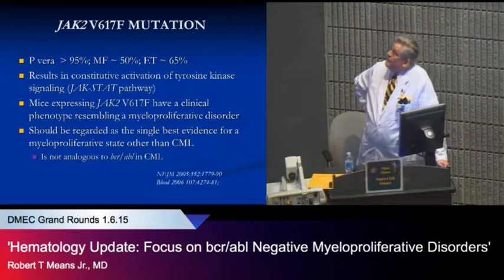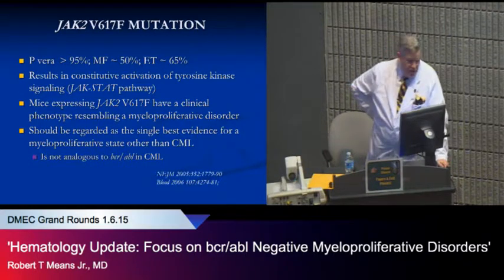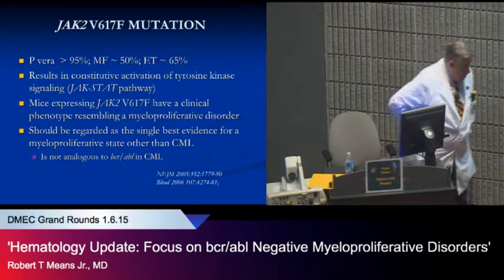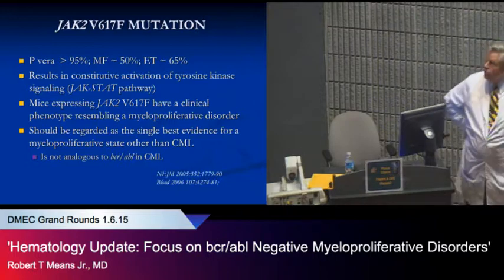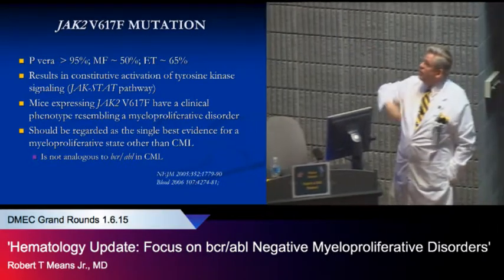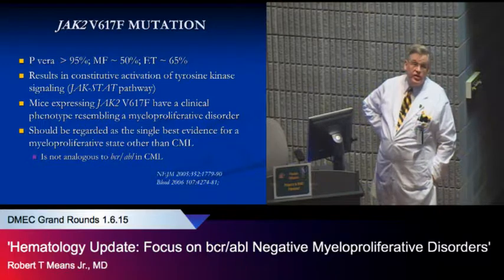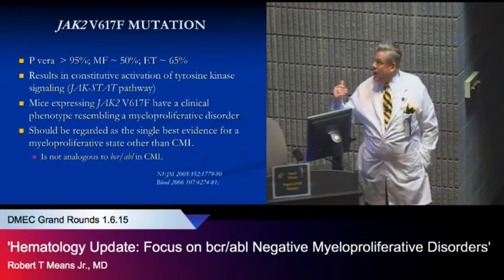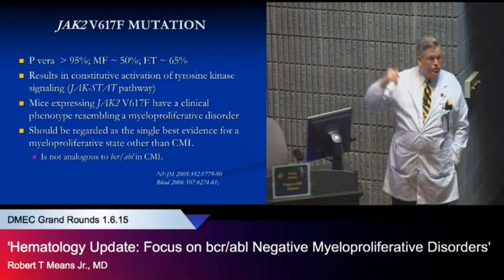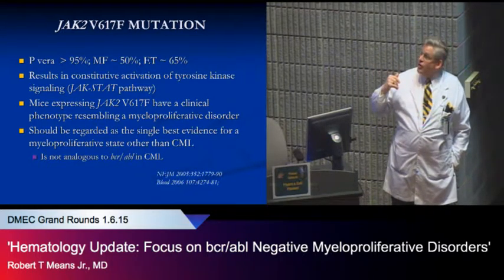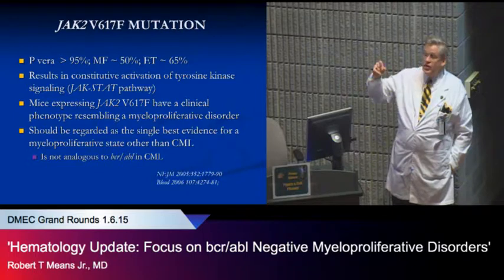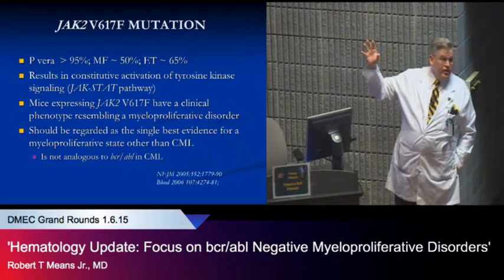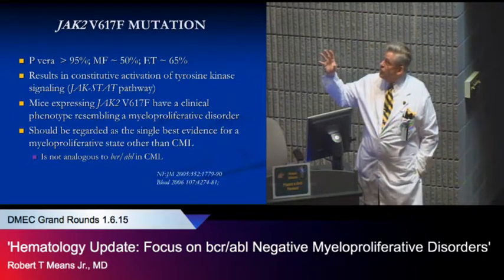The most important contribution to the understanding of the BCR-ABL negative myeloproliferative disorders was the report of the JAK2 V617F mutation, which is a gain-of-function mutation that basically leads to increased hematopoietic cell production. And exactly what is produced varies from disorder to disorder.